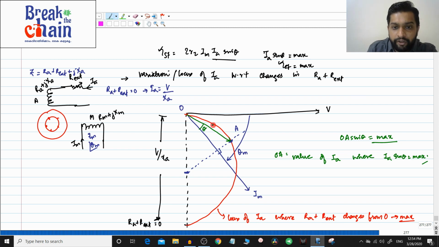For any other value of Ia, for example here, you will not get the maximum value of Ia sin theta. Only by this procedure, taking the center, drawing a line perpendicular to this Im, and where it intersects the semicircle, that value of Ia will give the maximum Ia sin theta value.